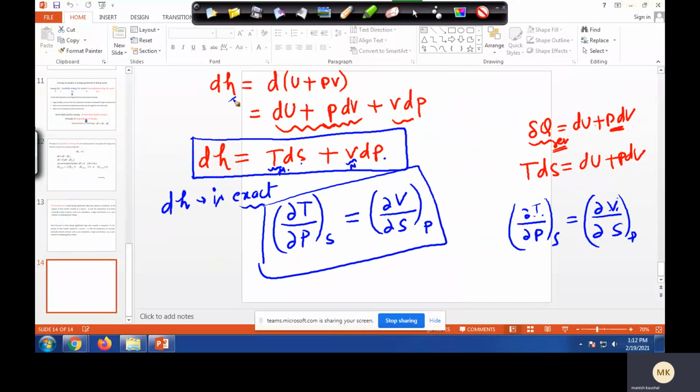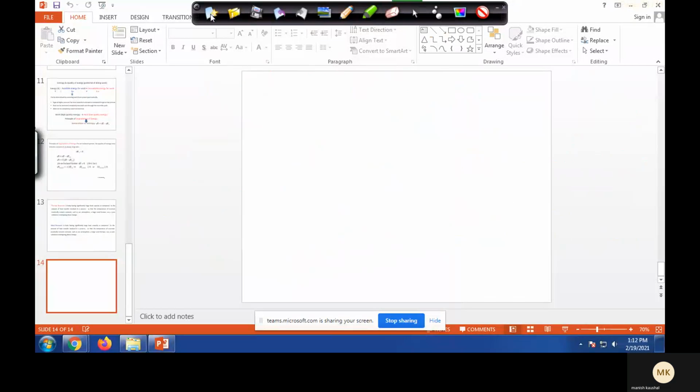Now let's talk about another Maxwell relation. This is called enthalpy, you know. What else? There is something called Helmholtz free energy. Let me check, I always get confused with this name. Yes, it's Helmholtz.